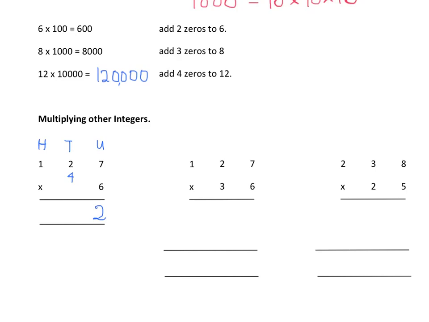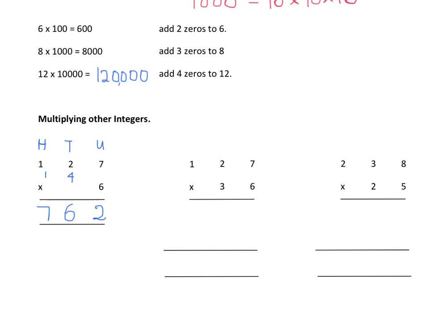The 6 is a 10, goes in the tens column, but the 1 is a 100 because we were multiplying 6 by 2 tens. Our last little bit is 6 times 1 is 6 plus 1 is 7. So the answer to that one is 762.